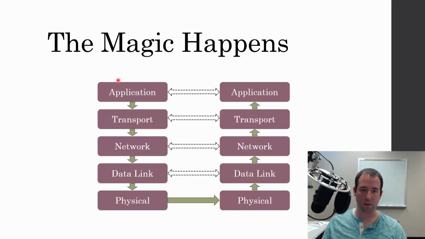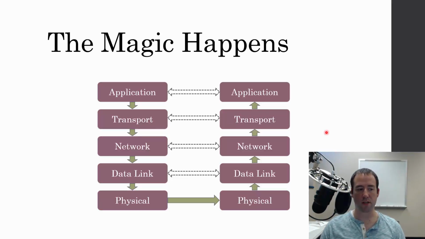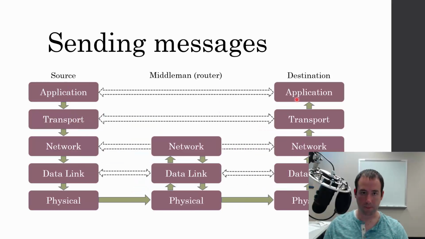So the photo that we sent here is being communicated to the application on this end. The segments that are created here are being received by the transport layer on the other end. And that is the magic of these layers. So by splitting up and forcing networking to work in this way, we're allowing communication to happen.